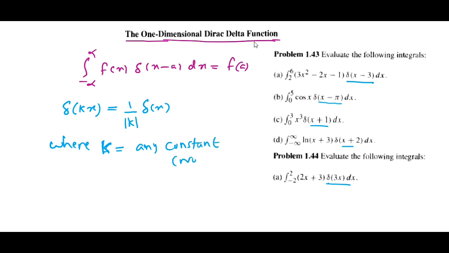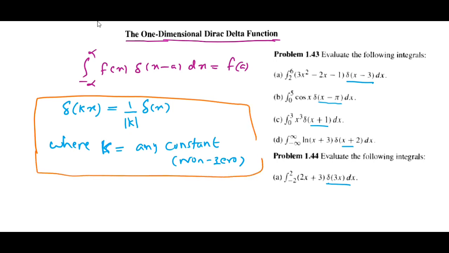This is the new information that you have to keep in mind. For example, in this question, if we have delta 3x, we have to take this as 1 by 3 delta x. Okay, now let us do a few problems.